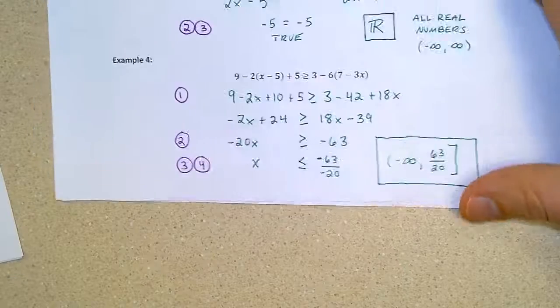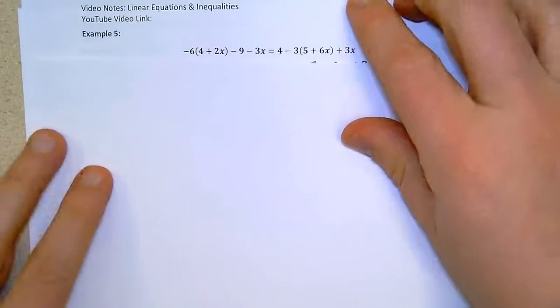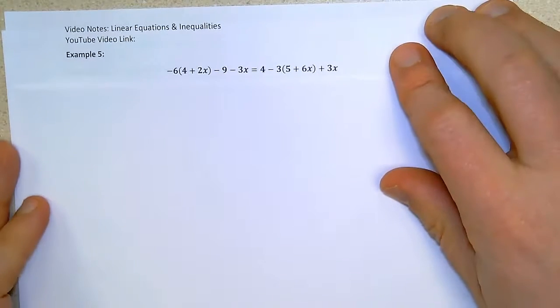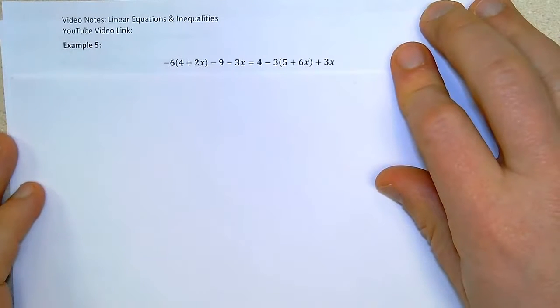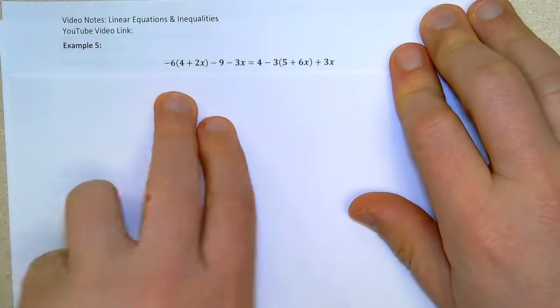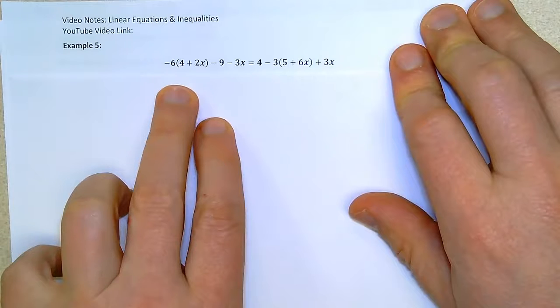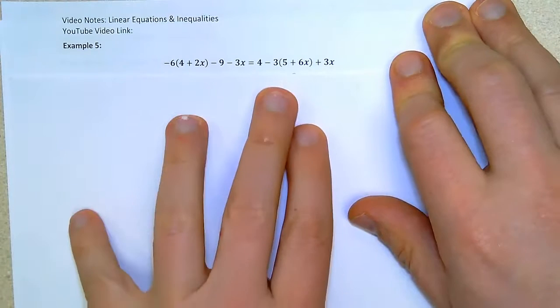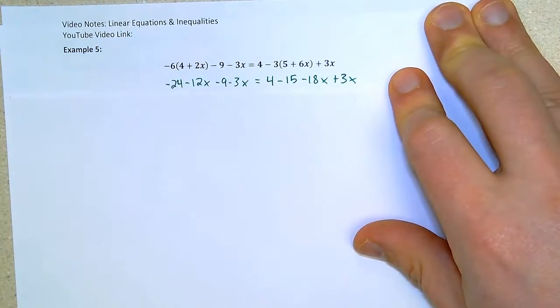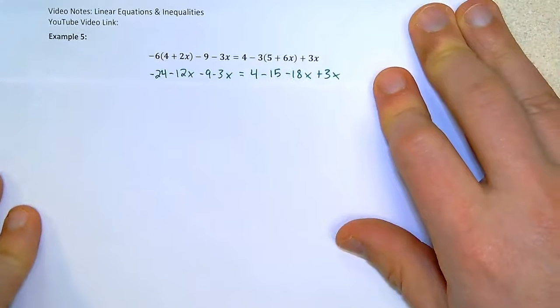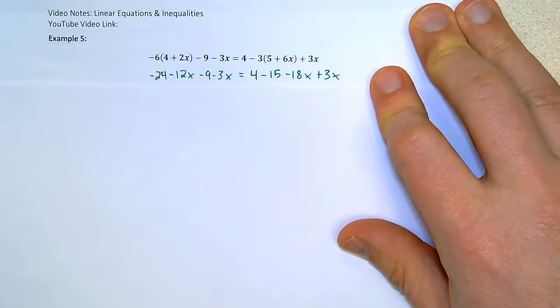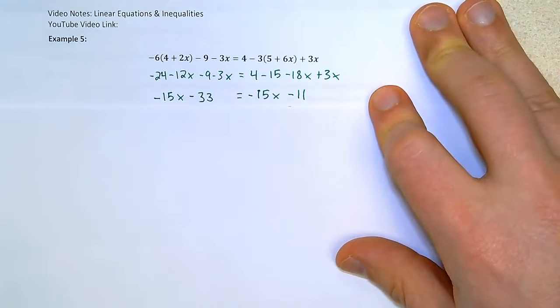Okay, let's look at example 5. Distribute the -6 and the -3. Then we gather our like terms on each side.